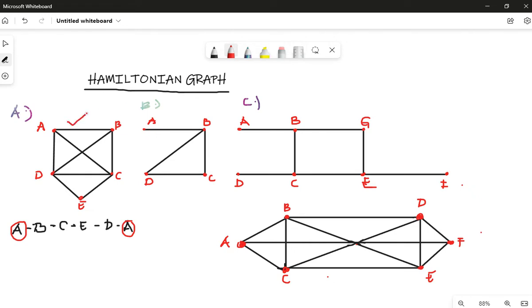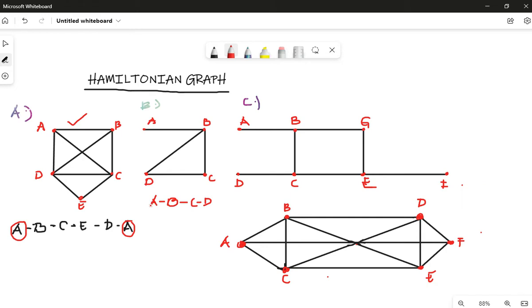So if I will start in vertex A, I will go to vertex B, I will go to vertex C, and then I will go to vertex D. So I have used all the vertices at exactly once, from vertex A to vertex B to vertex C to vertex D. Now that will be the same if I will be using vertex C, from vertex C to vertex D to vertex B and to vertex A. So I have used all the vertices in the graph. That means this graph contains a Hamiltonian path.